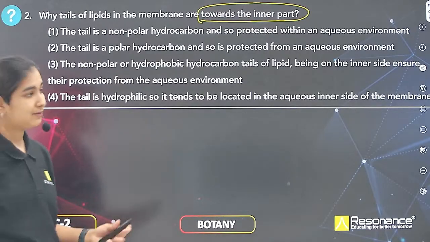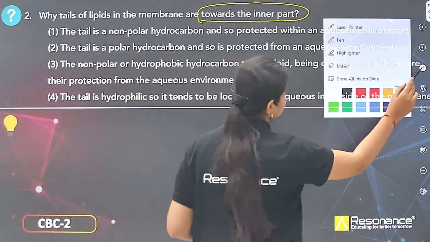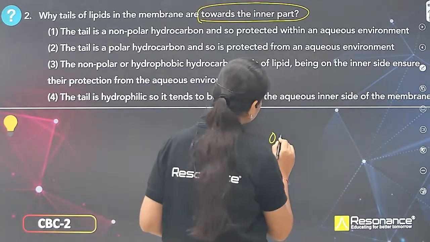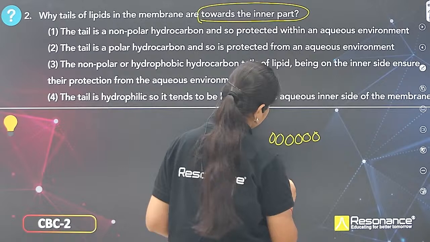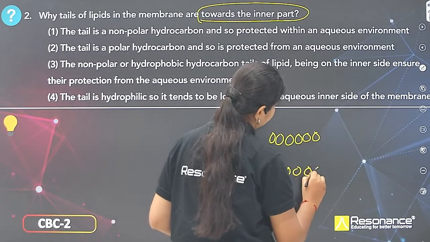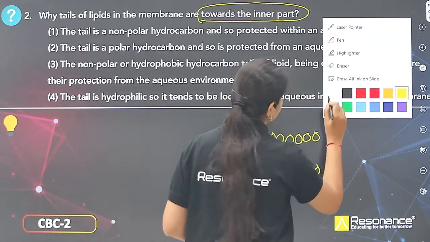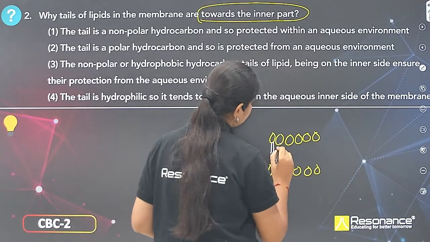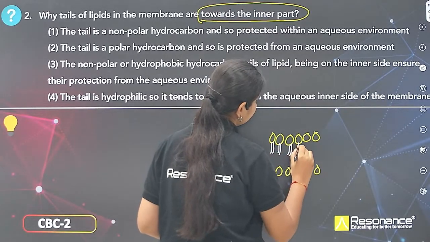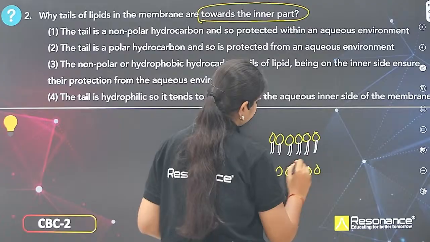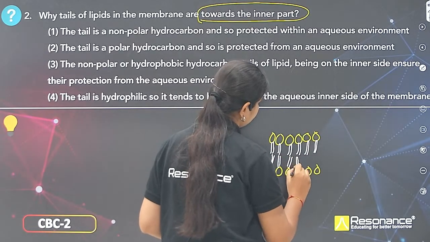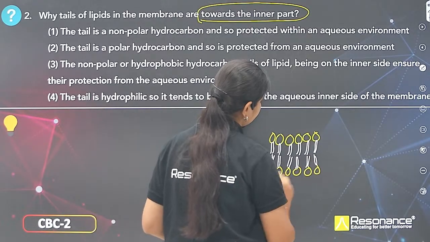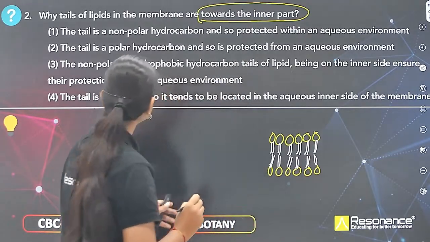For example, if we draw this structure, quickly let us do the structure one more time. So this is something. Now here is the non-polar part.